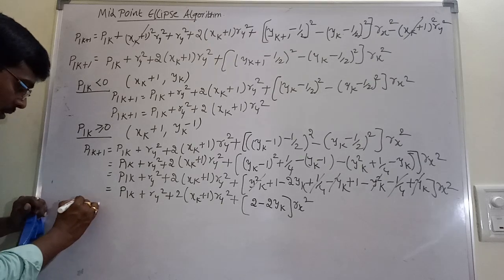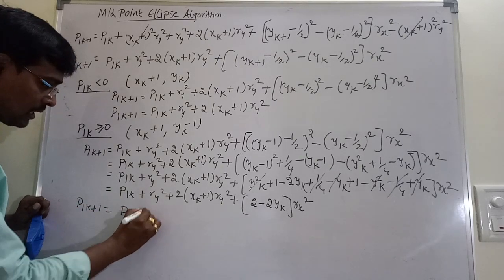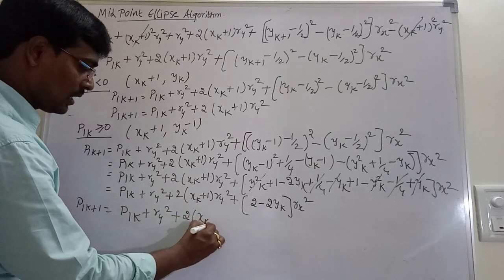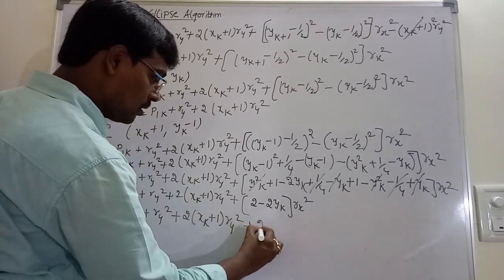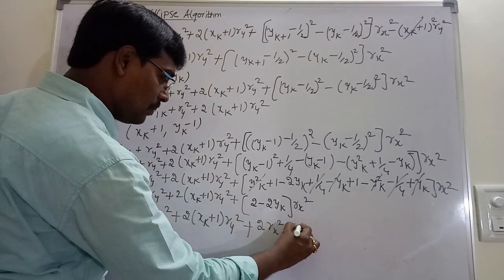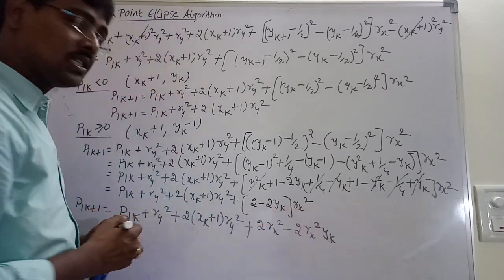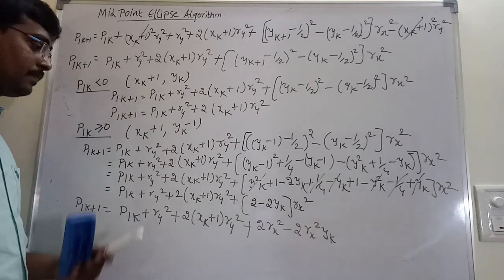And finally p1k+1 is equal to p1k plus ry square plus 2 into (xk+1) into ry square plus 2rx square minus 2rx square yk. This is the equation whenever pk value is greater than or equal to 0.